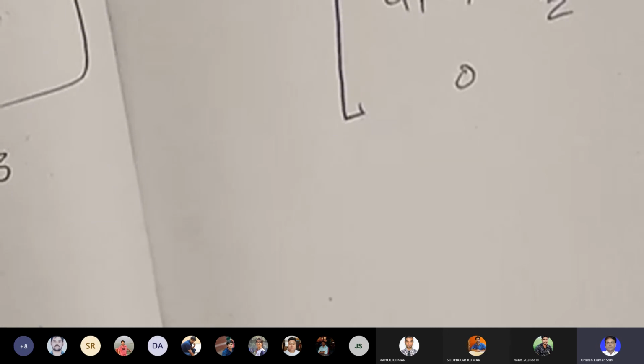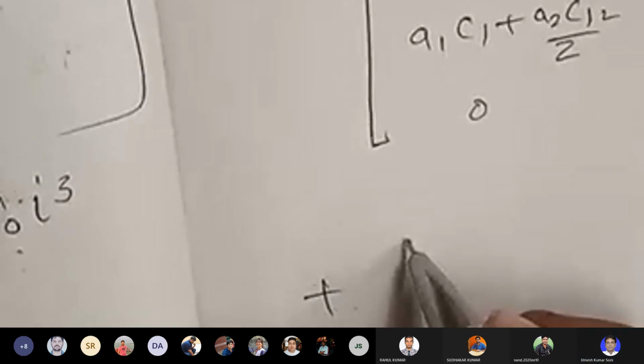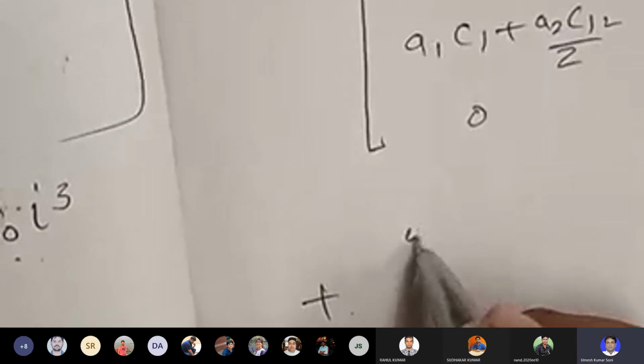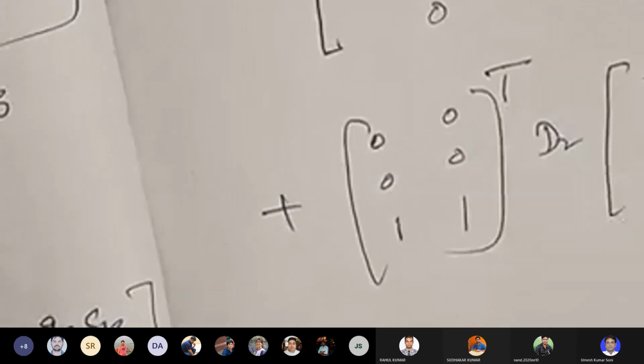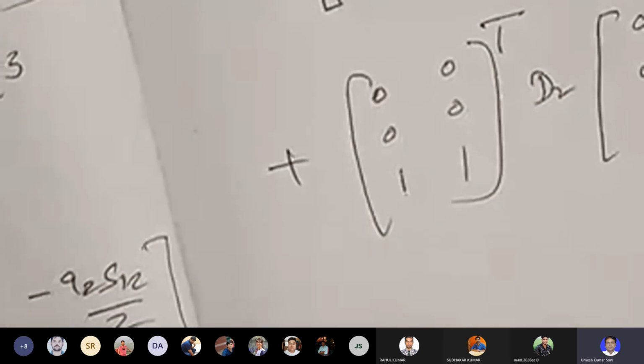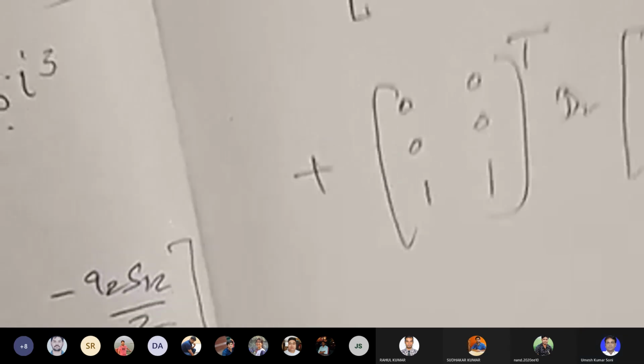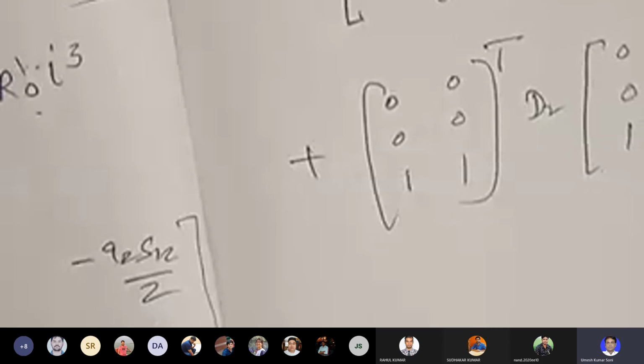This is 0. This is first element, plus second element is 0 0 1 0 0 1 transpose, and d2 and 0 0 this, and now you put the values of this. Then what you will get?